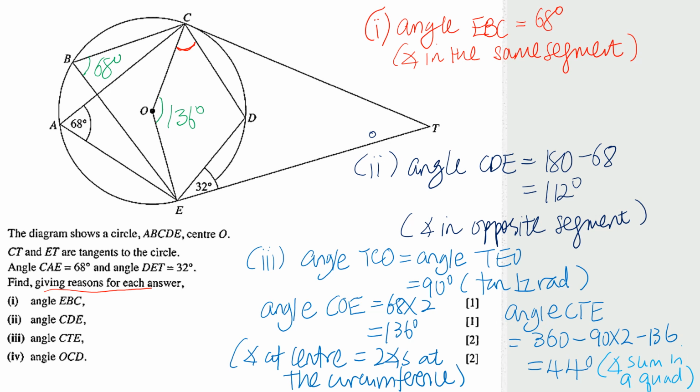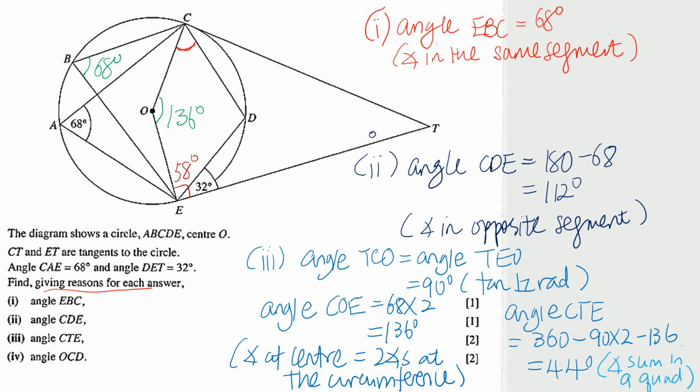If this is 90 degrees, we can use 90 minus 32 to get 58 here. So we need to write down each step properly.